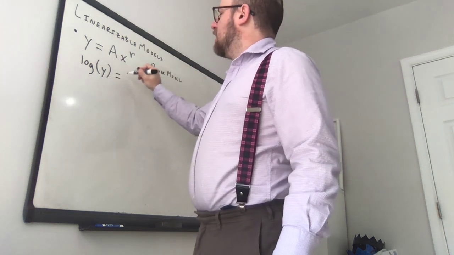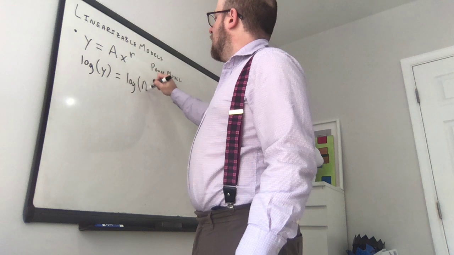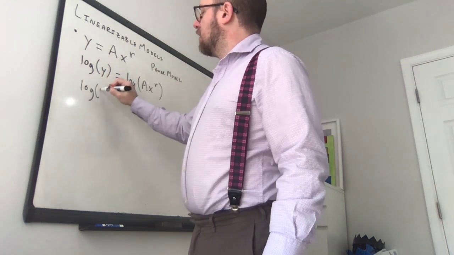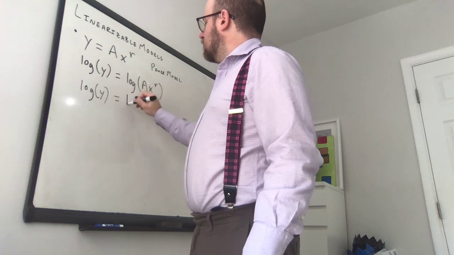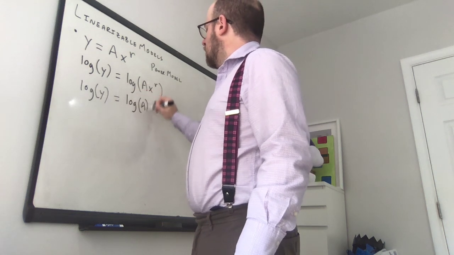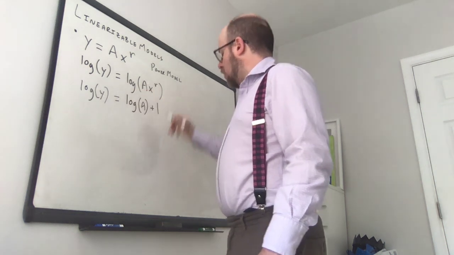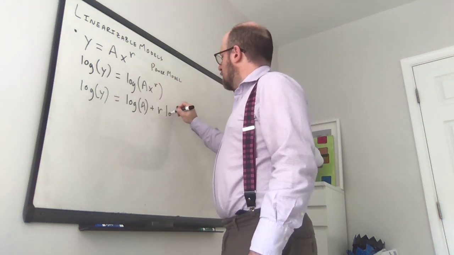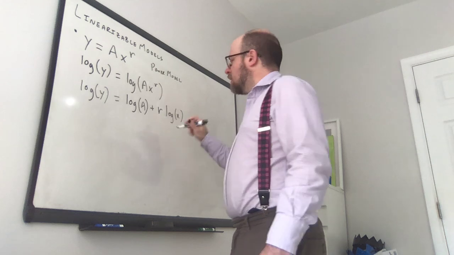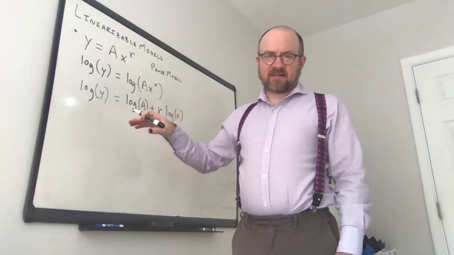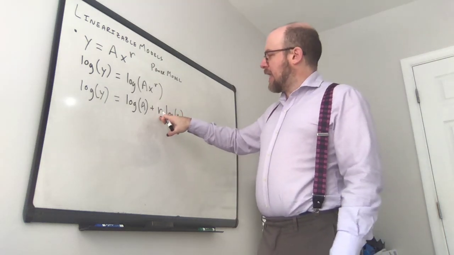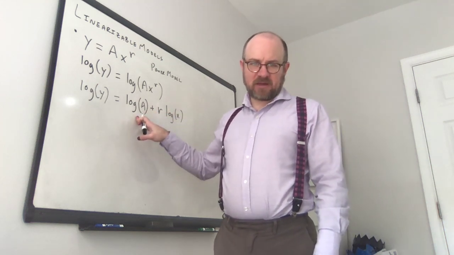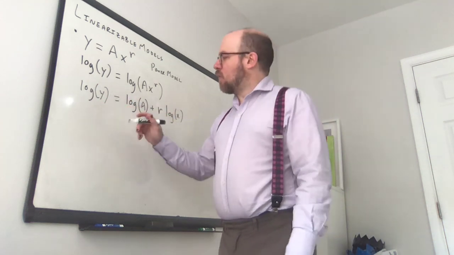Log of y equals log of a x to the r. So log of y equals log of a plus r times log of x. And so you can see that this is a line where we've got an m, a coefficient, times log of x plus some coefficient b equals log of y.